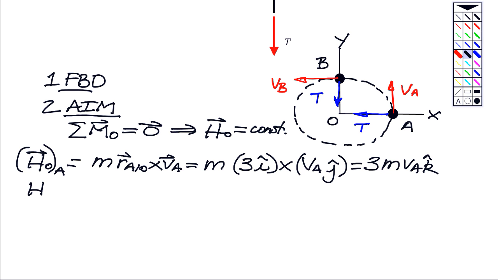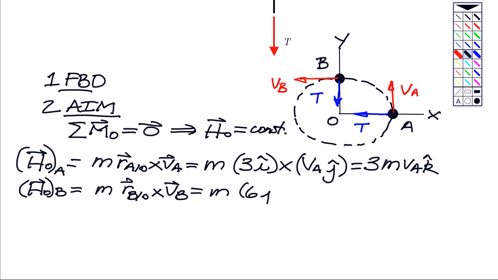When the particle is at B, it's the same kind of expression, m r of B with respect to O, cross the velocity of B. So B is on the y-axis a distance of 6 from O. At point B, the particle is moving in the negative x direction with some speed VB, which we need to find. j cross i is minus k, so a minus and a minus makes this 6 m VB k.